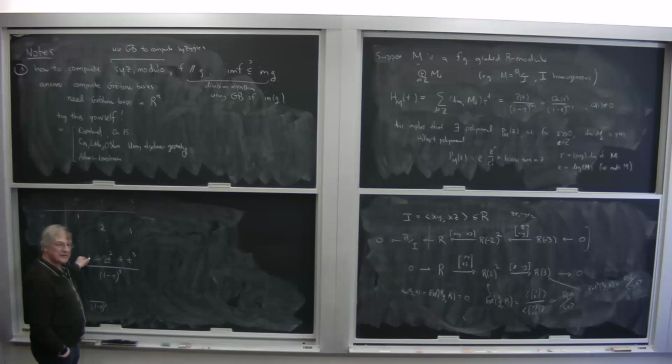Did anyone compute it? Something's fishy, because this negative here would mean somehow that the degree is negative. But wait, if I take this thing and I multiply it by 1 minus t, do I get this?